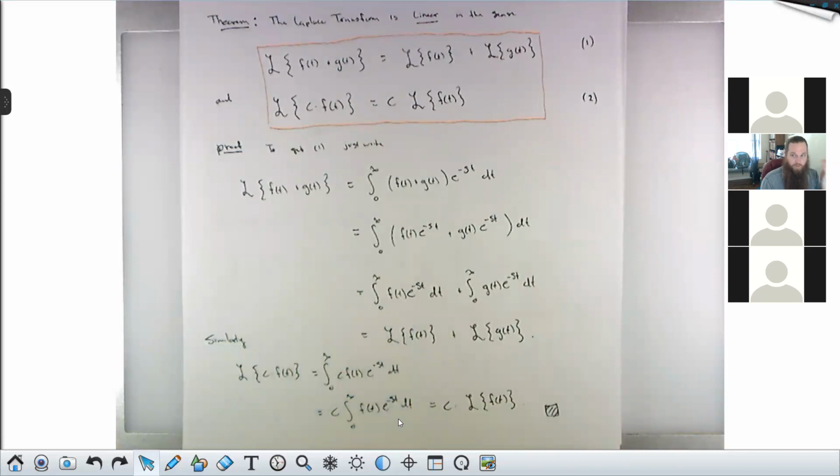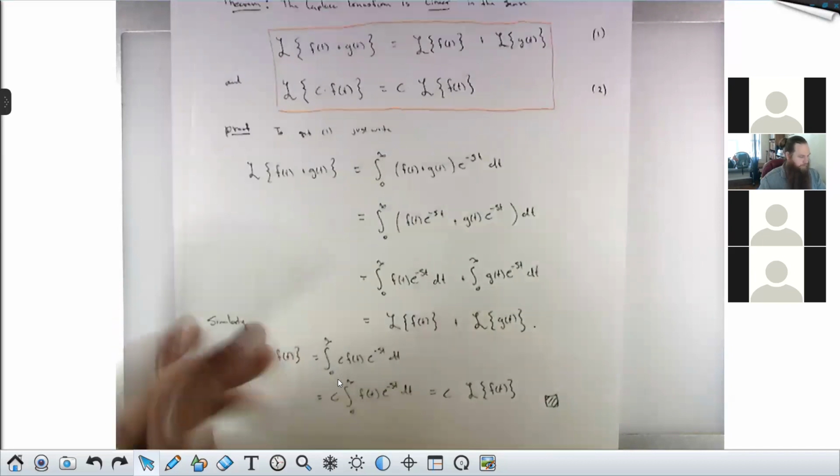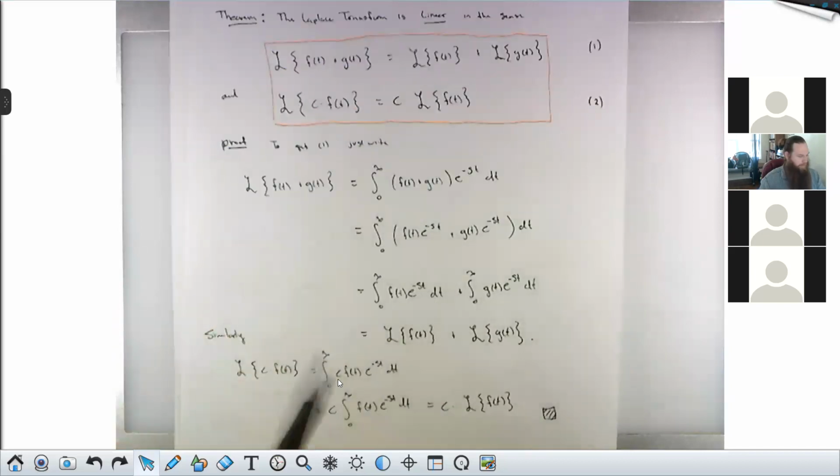The Laplace transform is linear because the integral is linear, and this kernel is not horribly badly behaved. In fact, this would work with any multiplicative kernel. So it really does come down to the fact that the integral is itself a linear operator. Split the integral up over a sum, pop a constant out of an integral. And if you can do those things, you can do it with the Laplace transform.